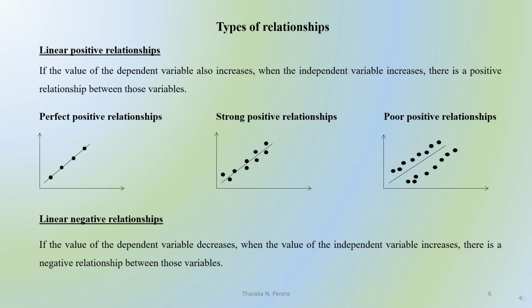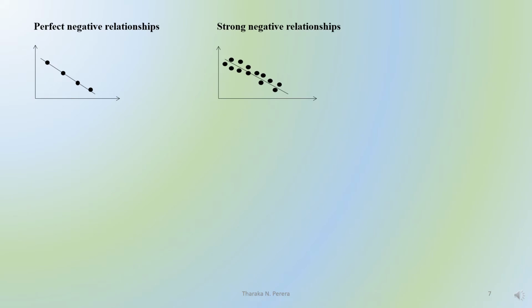In such a situation, all the points in the scatter diagram may fall on or closer to a straight line falling down from left to right. Here also there are perfect, strong and poor relationships. This is the perfect negative relationship, this is the strong negative relationship, and this is the poor negative relationship.